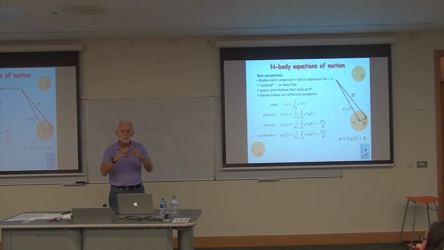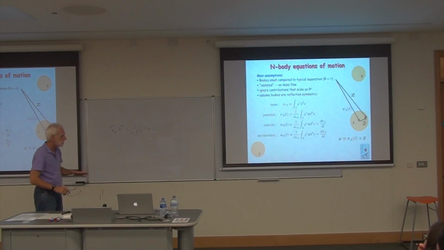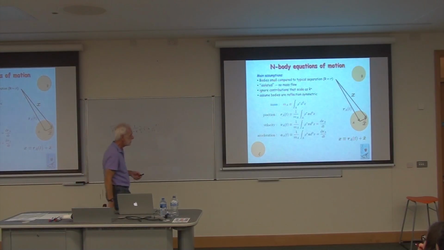I'm not going to assume my bodies are spherically symmetric necessarily, they don't have to be, but that they have this kind of reflection symmetry. And for a perfect fluid, that's not unreasonable. A body could be distorted into an ellipse, but an ellipse is reflection symmetric, right? So it turns out that allows us to throw away certain integrals over each body, post-Newtonian integrals that will keep things simple.